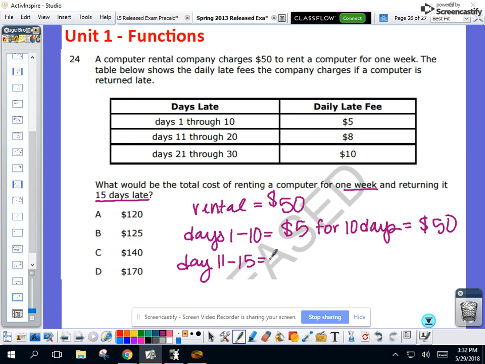So day 11 to day 15, you're now being charged $8 for those 5 days, which is $40. If I add these three up, 50 plus 50 plus 40, that person is paying $140 for their computer rental.